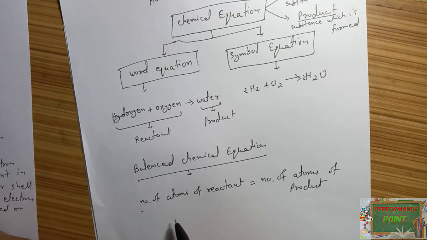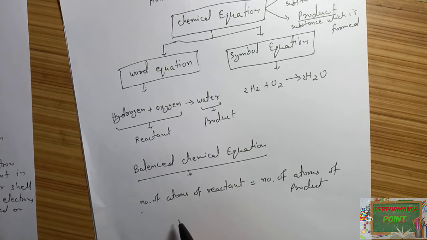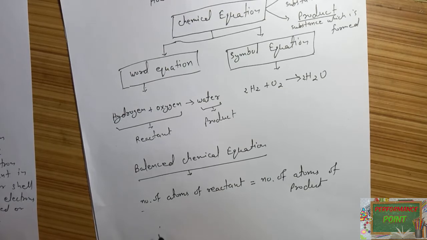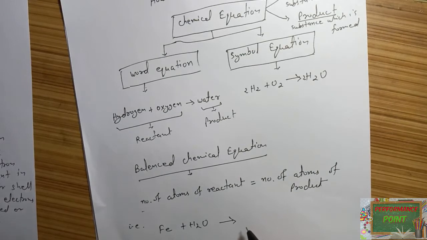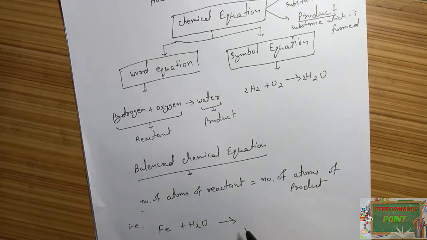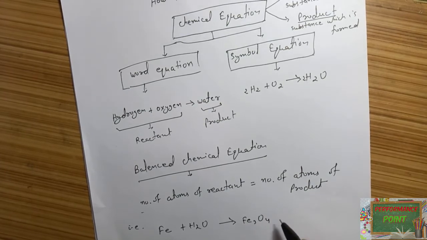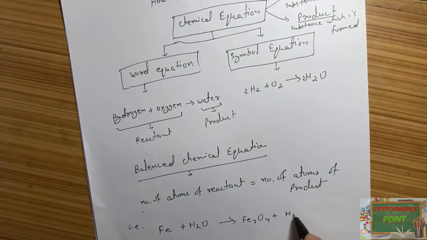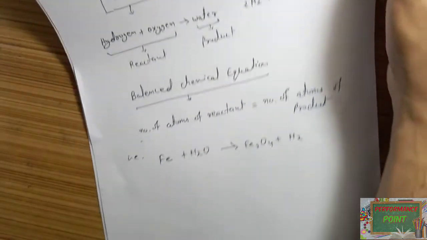Let's take an example: Fe plus H2O gives us Fe3O4 plus H2. How do we balance this?